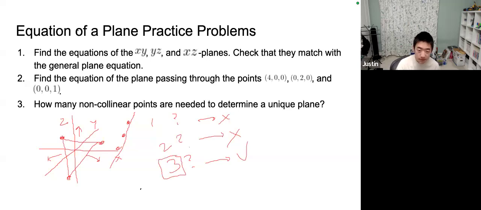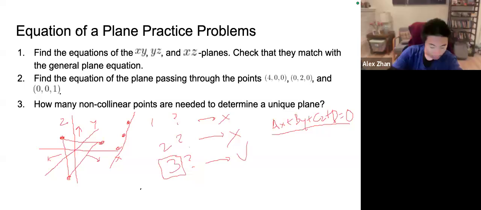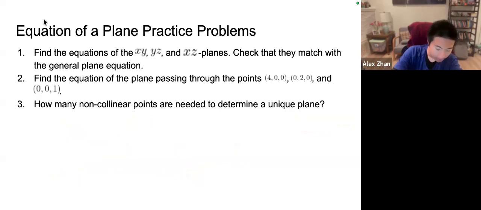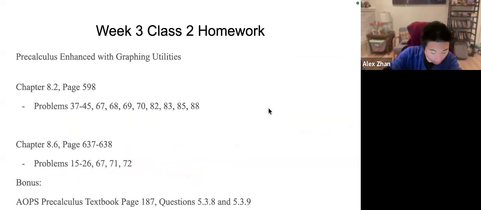You can also see this from the plane equation. If you have 3 variables, you need at least 3 different equations to solve for, up to scaling. So basically 3 points determine a plane.